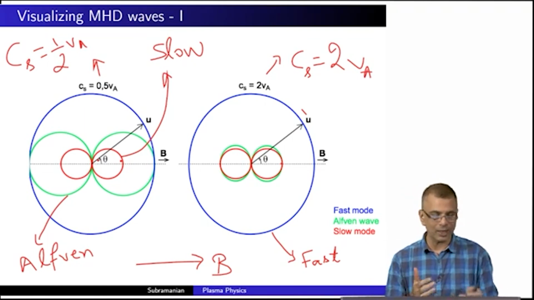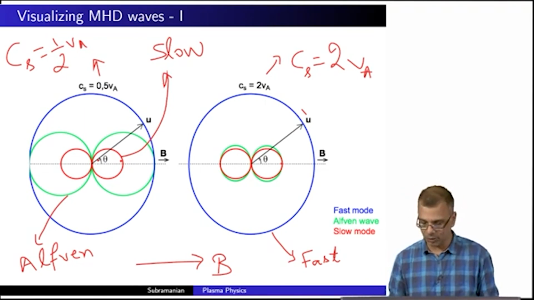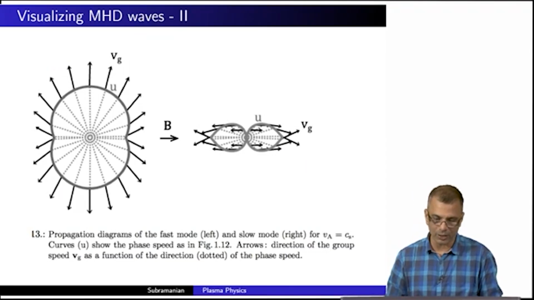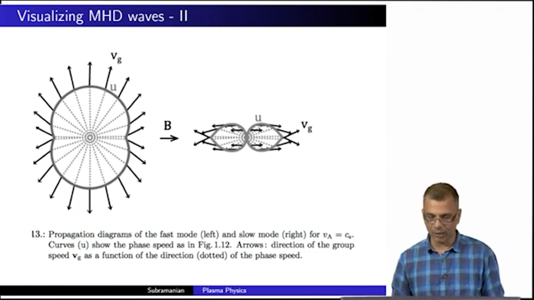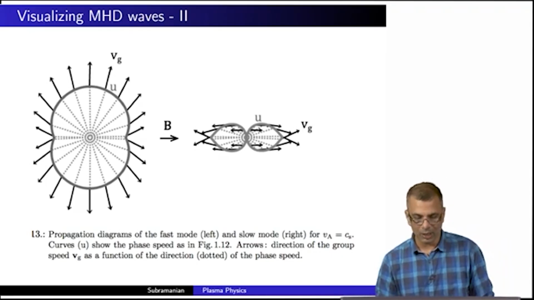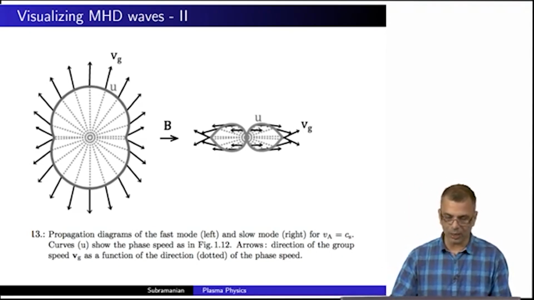So this is the kind of thing where you draw these diagrams and you make these kinds of inferences. The other way of visualizing these MHD waves is this. For instance, this would be the propagation diagram for the fast mode, and this would be the propagation diagram for the slow mode.